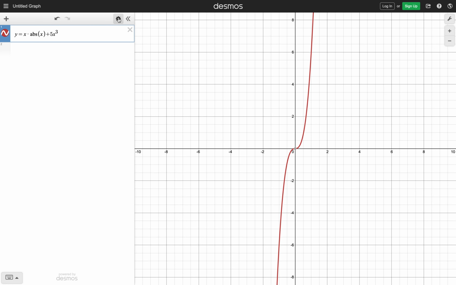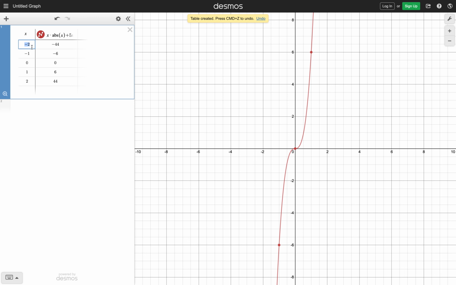And just putting this in table terms, again, opposite sign inputs lead to opposite sign outputs. If you notice for -1, -6, I've made this into a +1, and over here you're going to have a +6, and also we have -2, -44, 244.